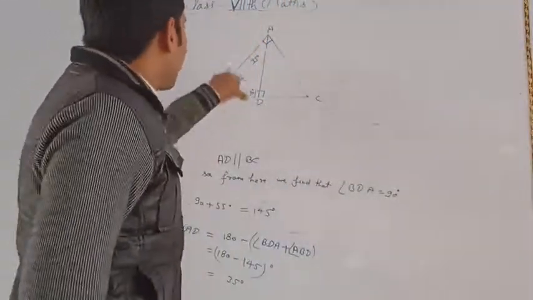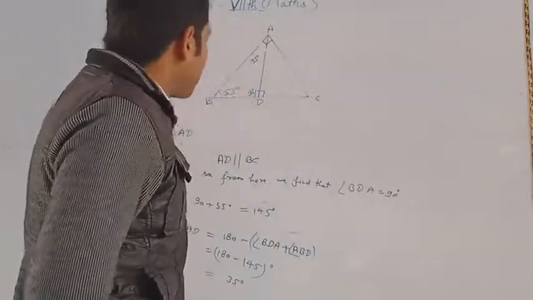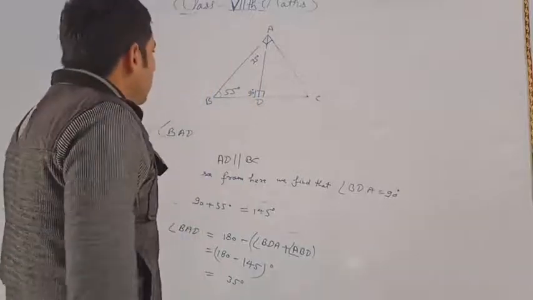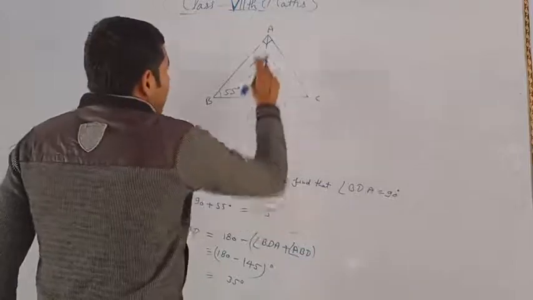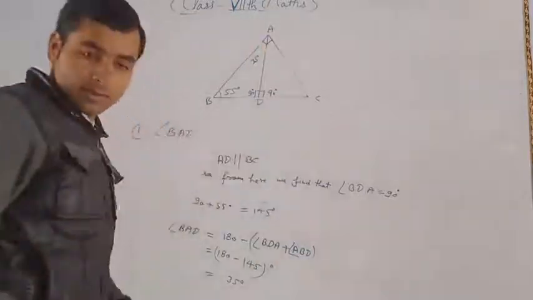Angle BAD became 35 degrees. From here we also find that angle ADC is 90 degrees.